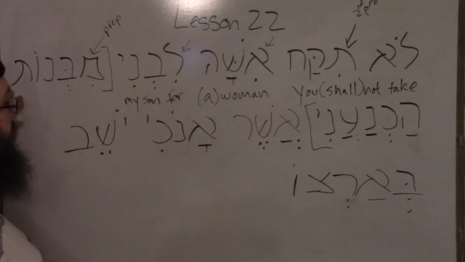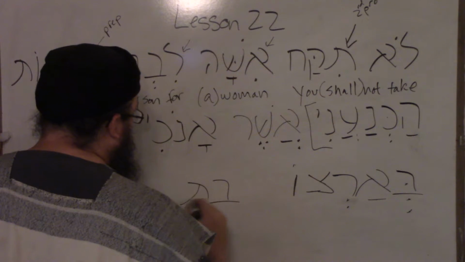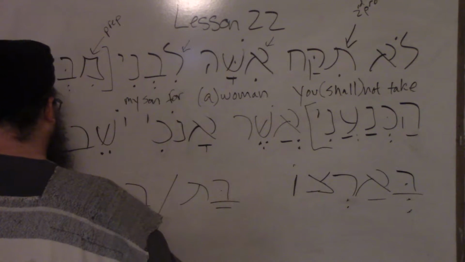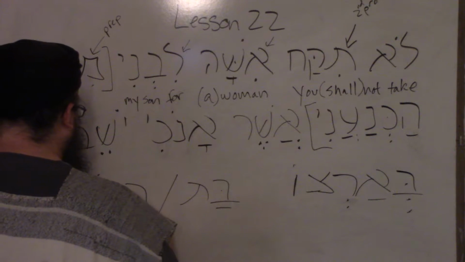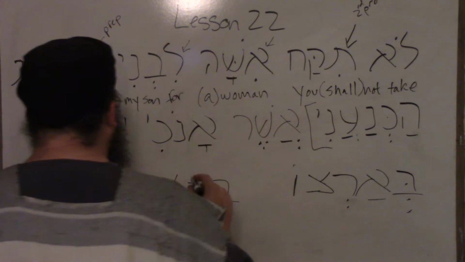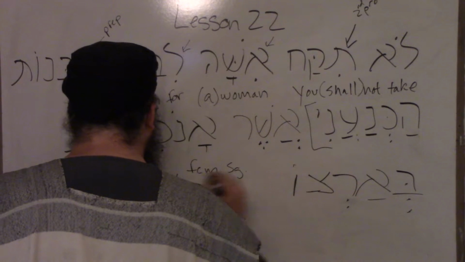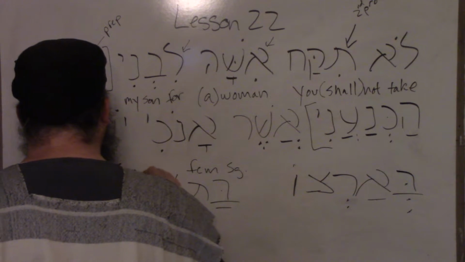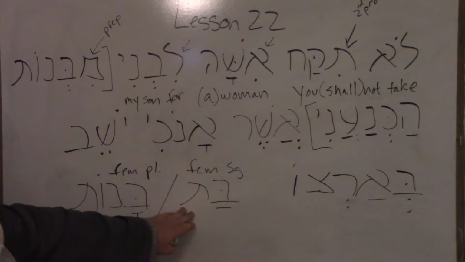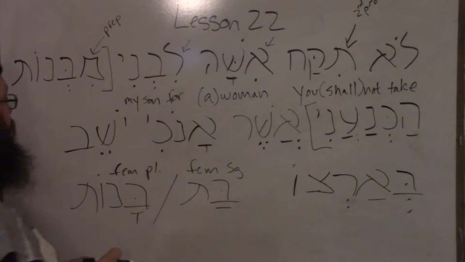So banot is daughters. Here we have the word bat, and in the plural form we have banot, okay? So bat is the feminine singular, where banot is the feminine plural. Notice the tav disappears, and notice the nun. So this is an irregular noun when we put it into the plural form.